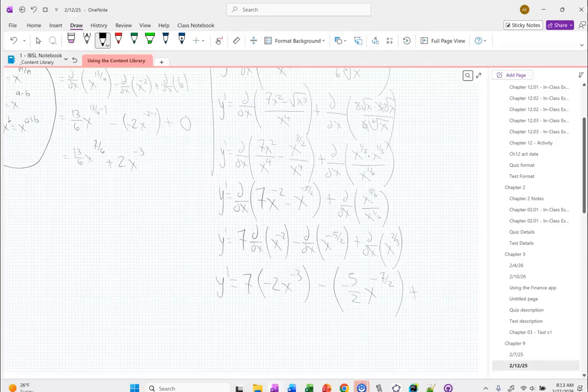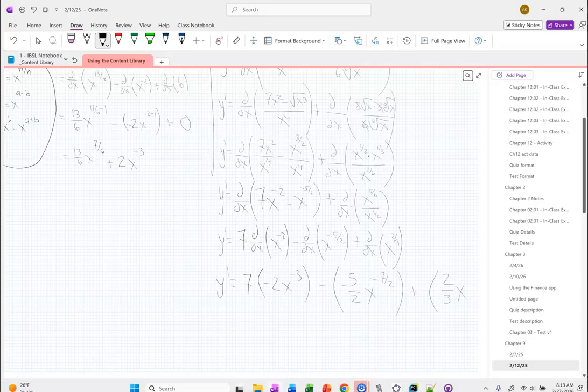Okay. The last one, the derivative of x to the 2/3. 2/3 minus 1 is 2/3 minus 3/3, -1/3.